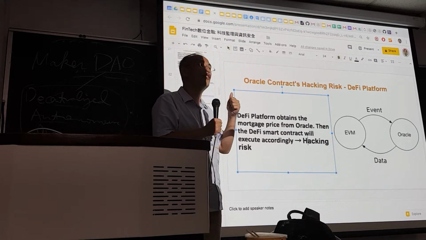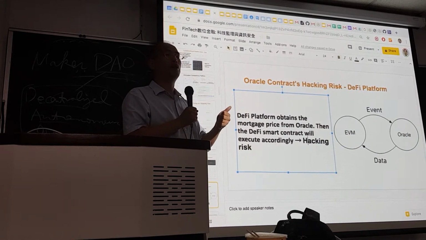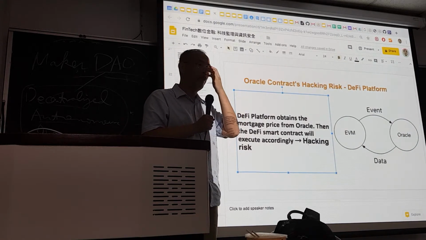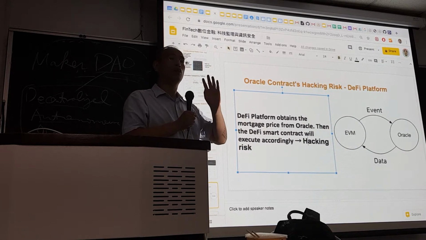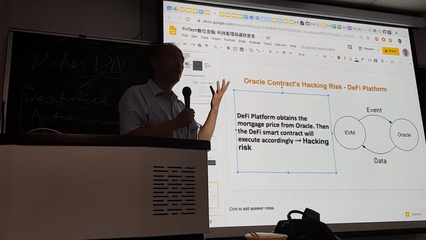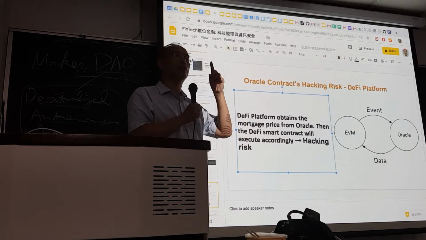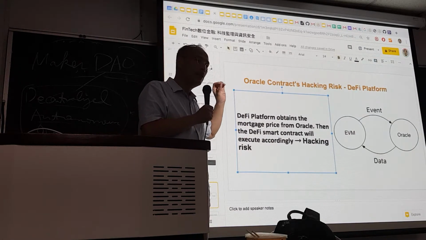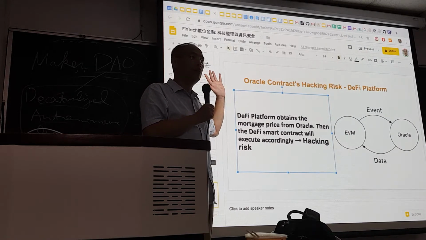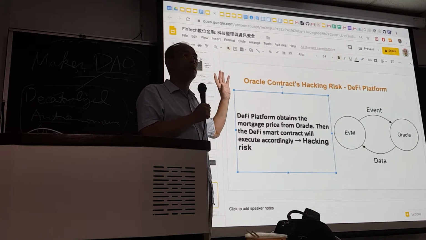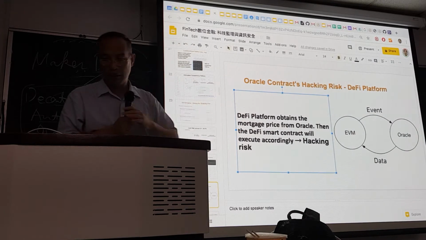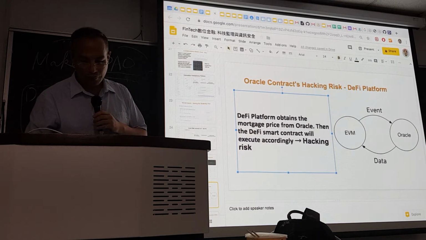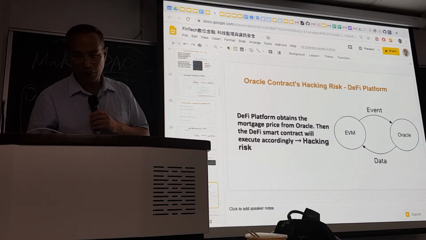Okay, if the price of Ether is $100, then I give you $60 in terms of stable coins. Remember, I said the collateralized position is 60%. Right? So if you deposit $100 worth of ethers, I give you $60 back in terms of stable coins.